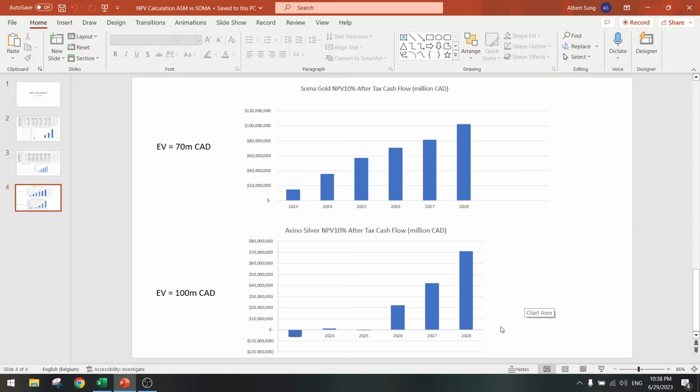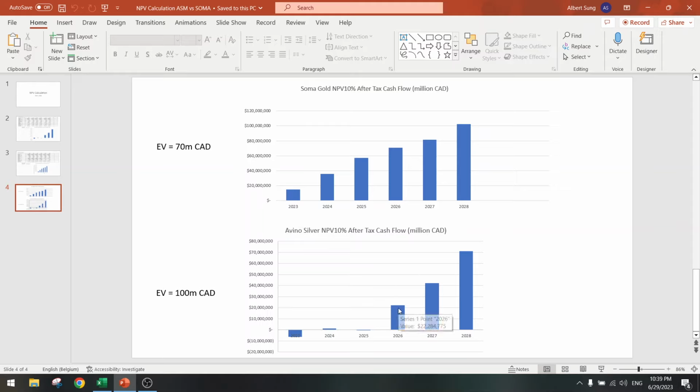Probably only in 2029, because this chart will probably go like this. Then in 2029, we will reach that value. So Soma Gold will reach it faster in 2026, while Avino Silver will reach it in 2029.